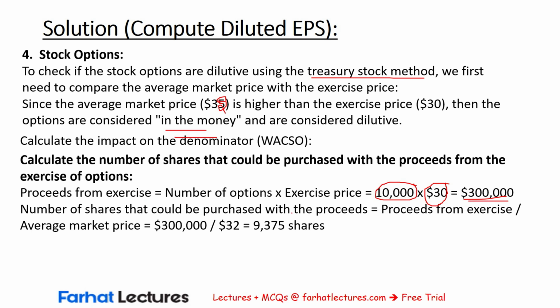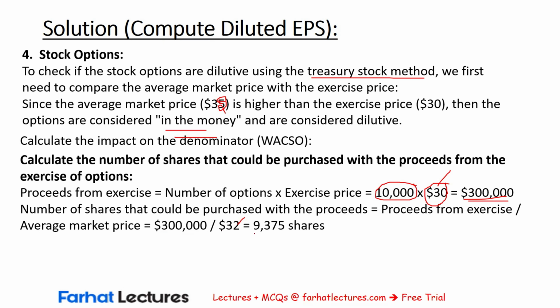The number of shares that could be purchased with the proceeds equals the proceeds from the exercise divided by the market price, the average market price, because the company would have to pay $32 in the market to purchase a share. So the real loss is the difference between the $32 and the $30.